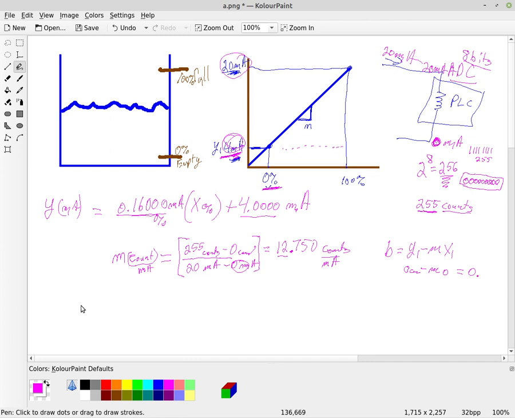So if I was going to write this conversion, counts would be 12.750 counts per milliamp, that's my 5 significant digits, times x, where x is in milliamperes, that's the units of x, plus the intercept of 0.0000 counts.